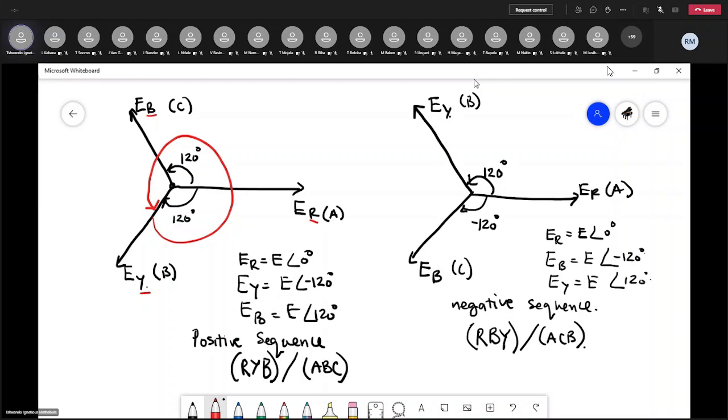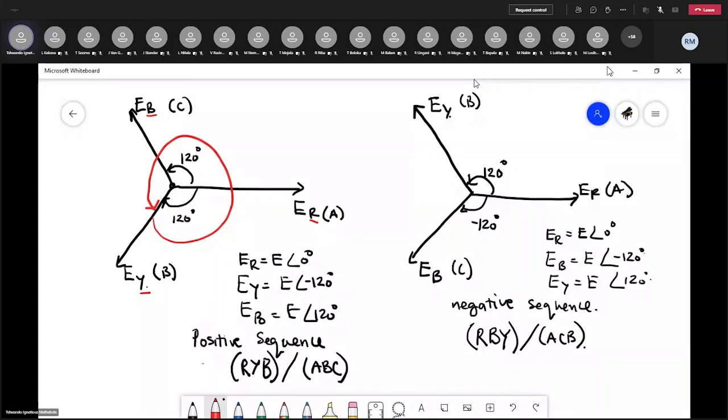You can see that the sequence, how they will follow each other, is such that the red will start, followed by the yellow, followed by the blue.